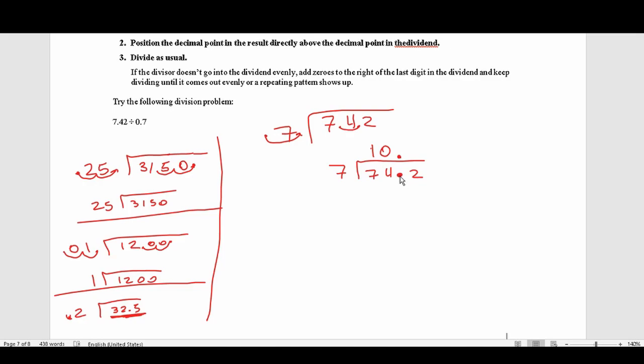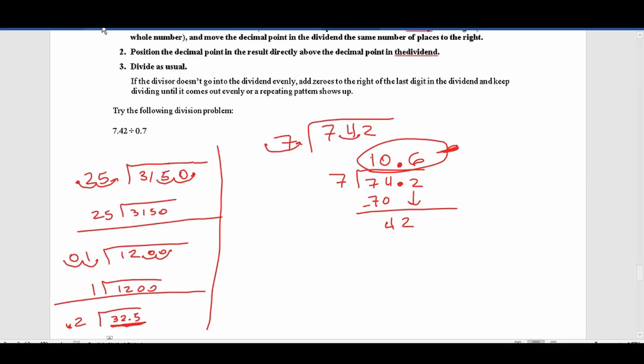It's right here in the bracket, so just bring it straight up above the bracket. 7 times 10, of course, is 70, so we're going to subtract. 74 minus 70 is going to be 4, and we're going to drop down this 2. 7 goes into 42 6 times. So in other words, we know 7.42 divided by 0.7 is 10.6.